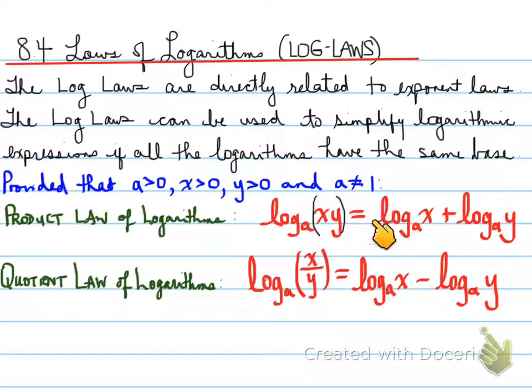Note though, for all of these, including the third one I'm going to show you, they all share the exact same base. So the power law is the last one. The power law of a logarithm you've actually used since grade 11.